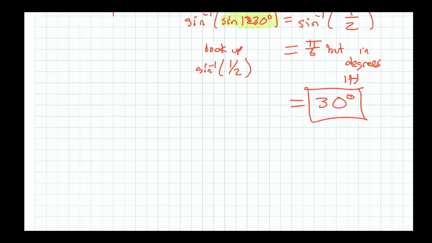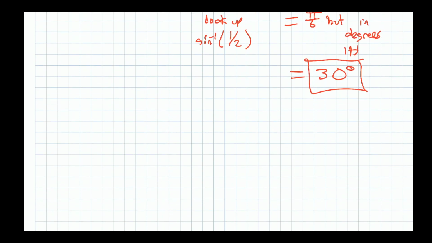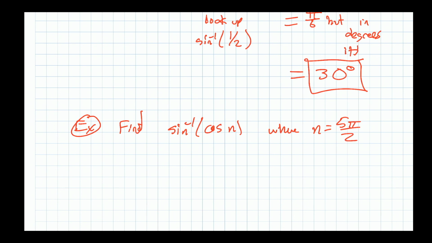All right. Now you can do the same exact thing in radian mode. So another example, find sine inverse of cosine of n, where n is 5 pi over 2.